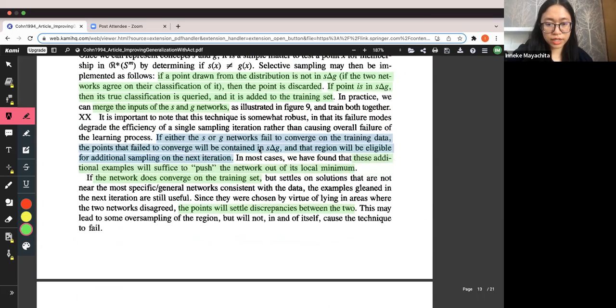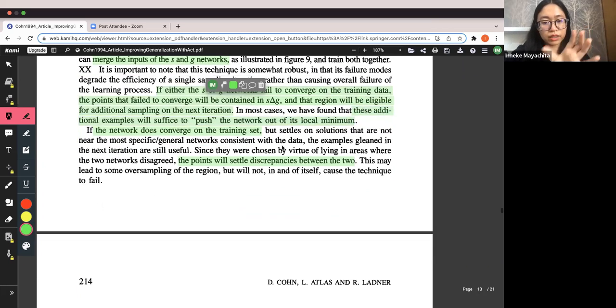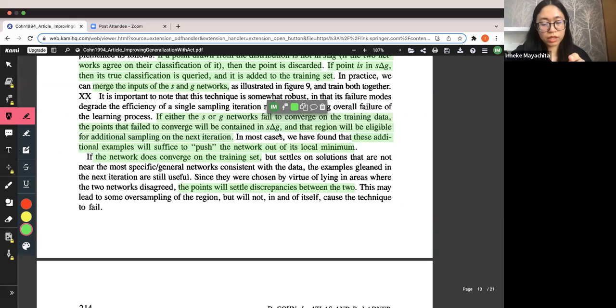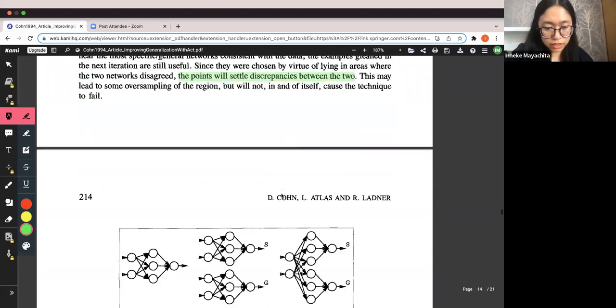So the idea is that we want to sample from the area in between S and G, which they represent as S delta G in this paper.